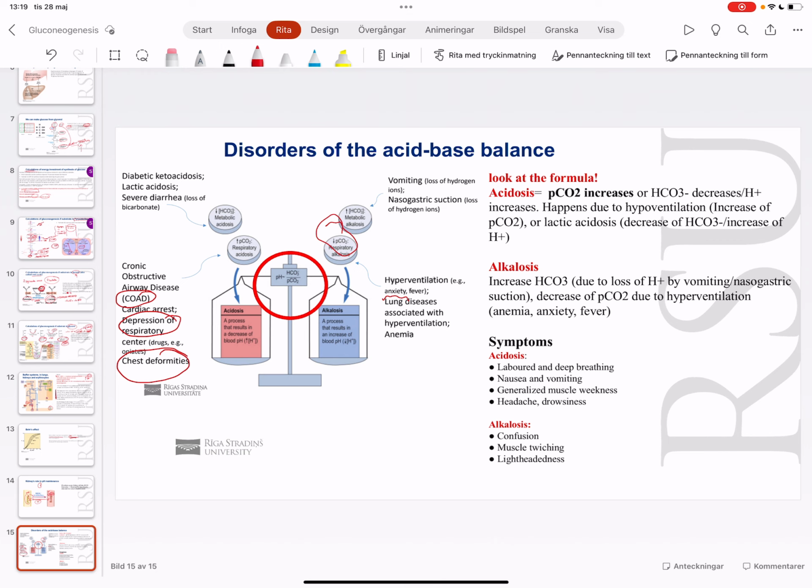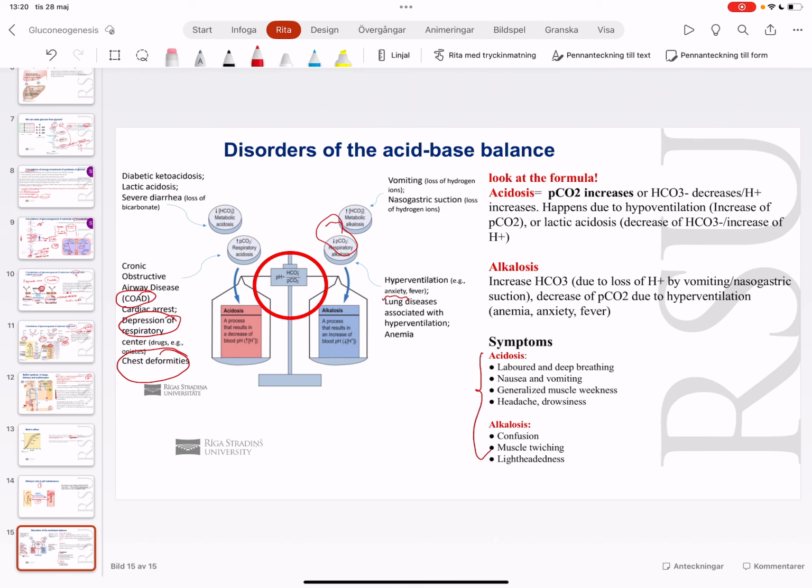And I think that's also why when people have panic attacks, they have to breathe into a paper bag, because they will breathe out the carbon dioxide into the bag, and then when they inhale again, they will inhale the carbon dioxide, and this will not lead to alkalosis.